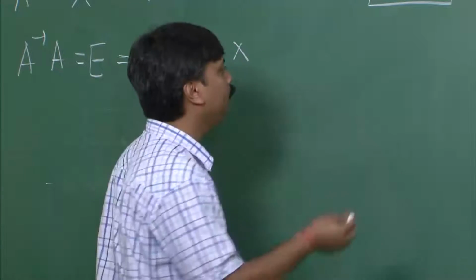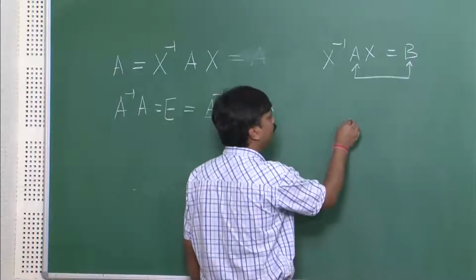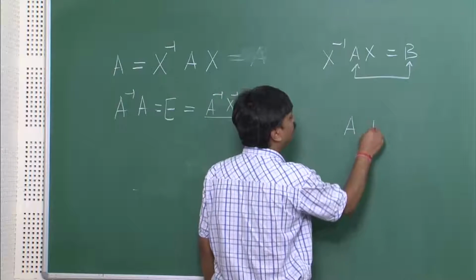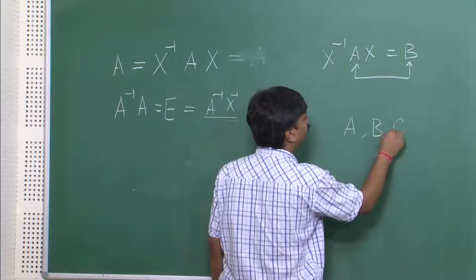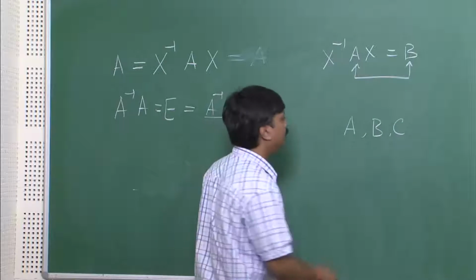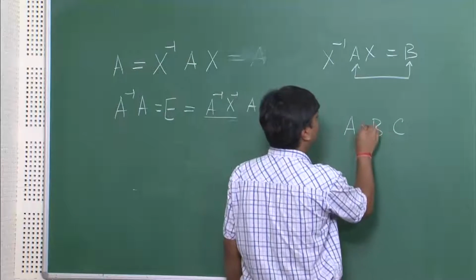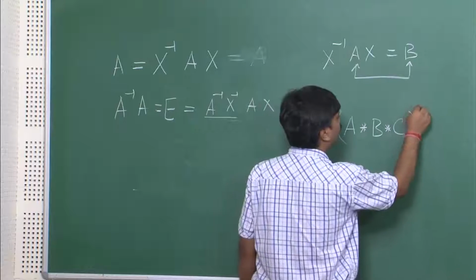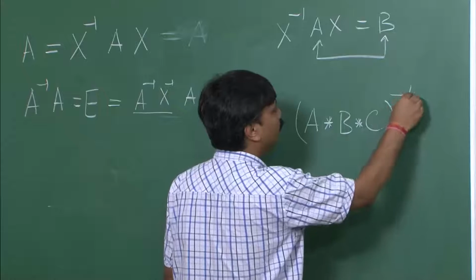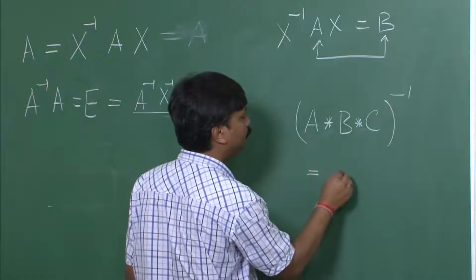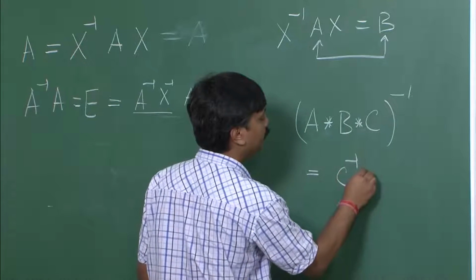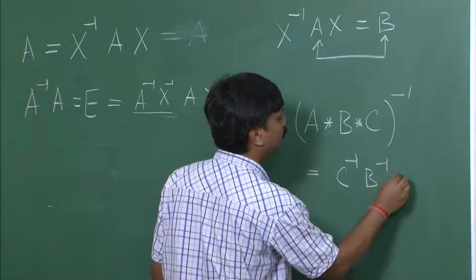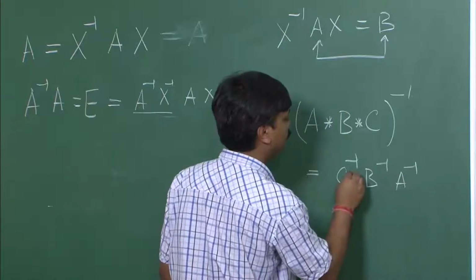Mathematically, if A, B and C are members of a group, and I define a particular binary operation, then the reciprocal of A B C is equal to C inverse B inverse A inverse.